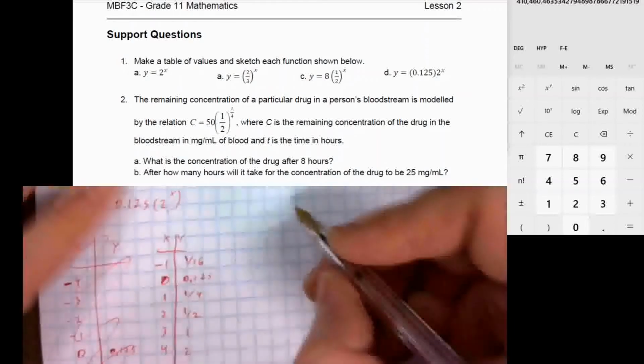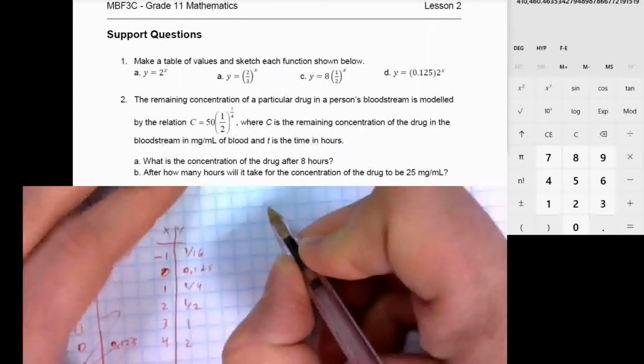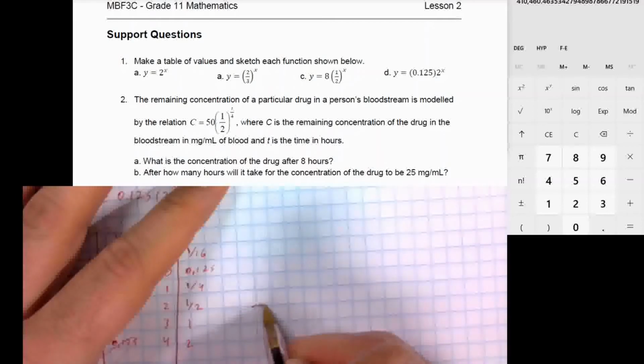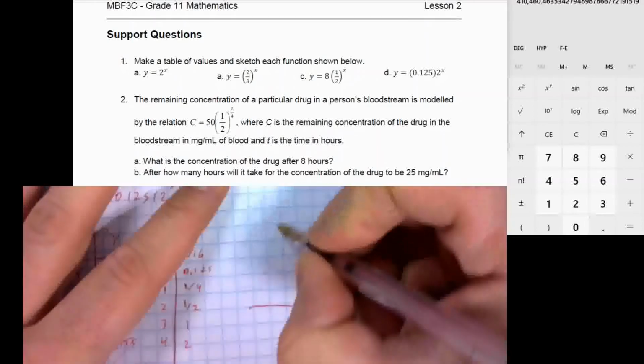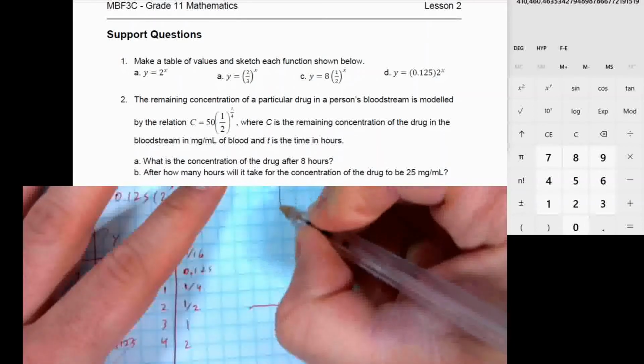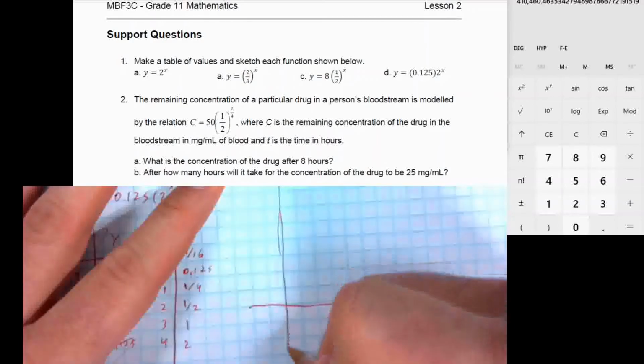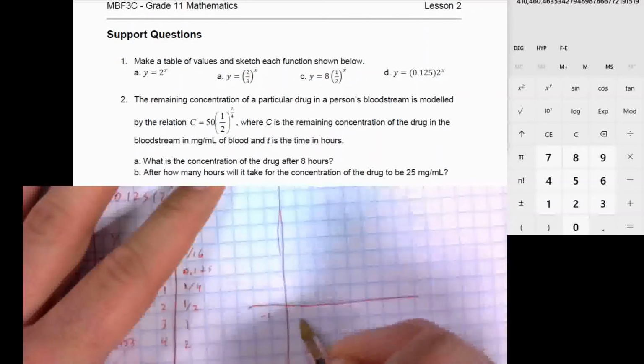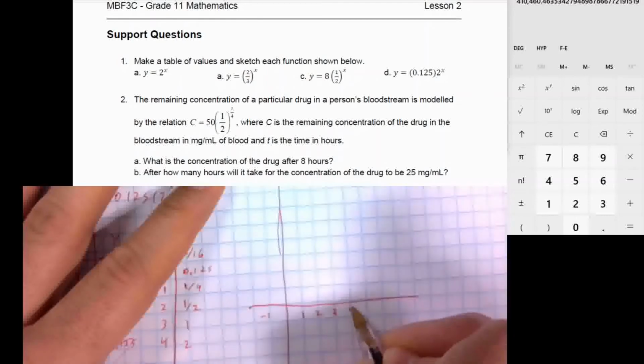So to graph this, what I end up with is, let's make our, oops, should have a ruler, but I don't have one with me right now. 1, 2, 3, 4.